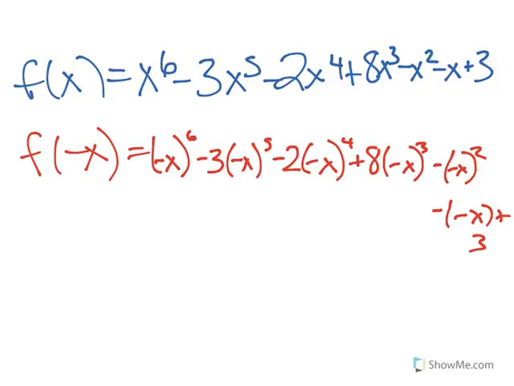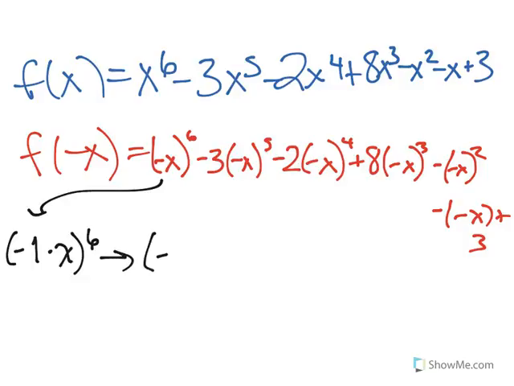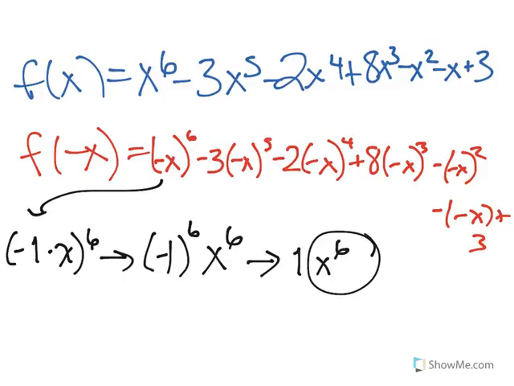So negative x to the 6, you know that this is basically negative 1 times x to the 6, which can be turned into negative 1 to the 6 times x to the 6, and negative 1 to the 6 is just 1 x to the 6. So actually negative x to the 6 is actually x to the 6.